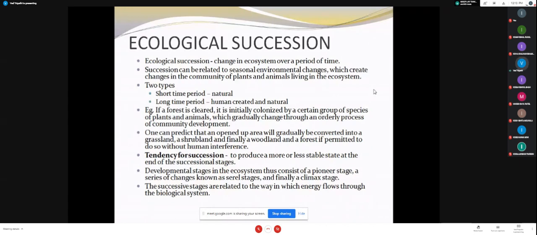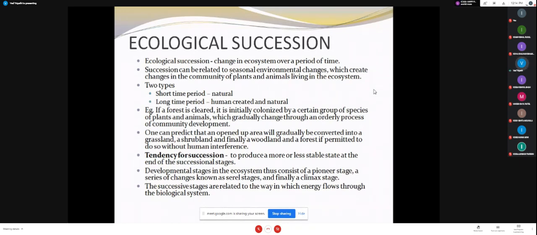Okay. So one can predict that if an area is left open, that is without any human interference, what will happen to that open area? That will be gradually converted into a grassland, then a shrubland, that is small plants and little larger grasses, bushes.